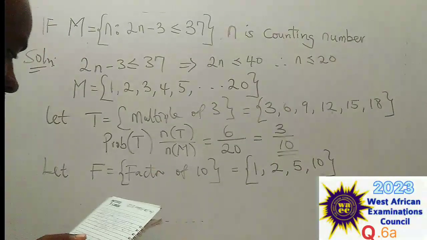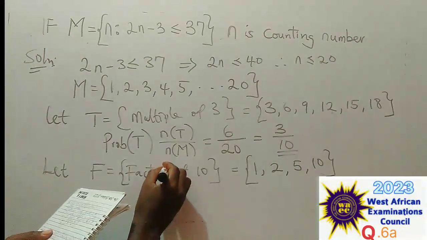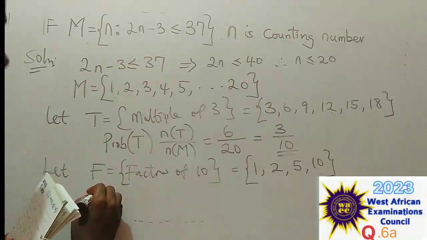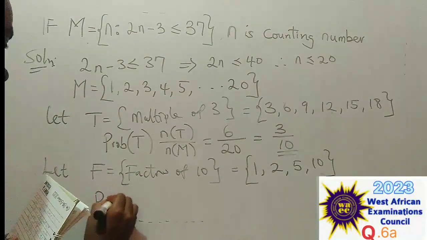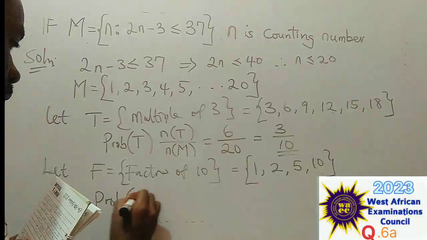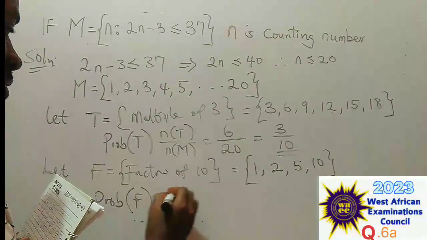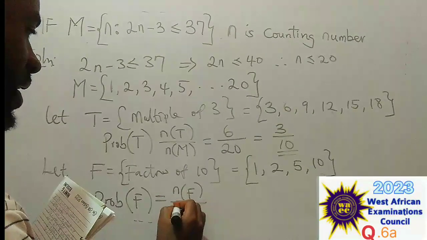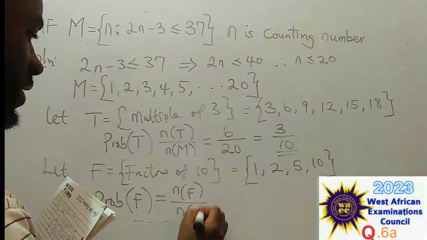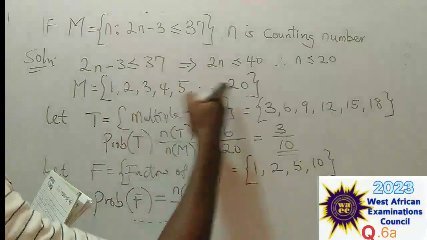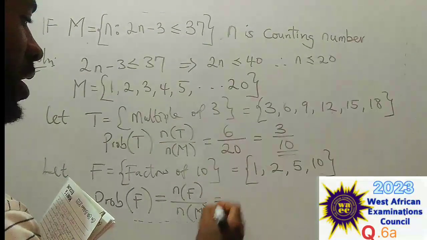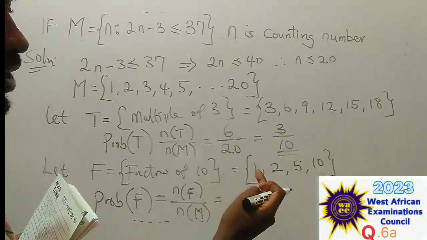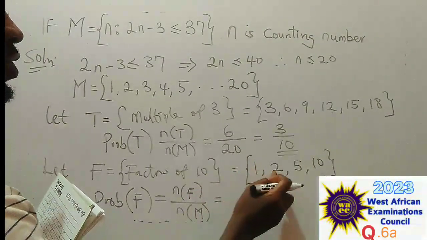factors of 10, okay? Now let's get the probability of F, and that is the number of elements in F divided by the number of elements in the sample space, which is N. Let's count all the elements in F: 1, 2, 3, 4.